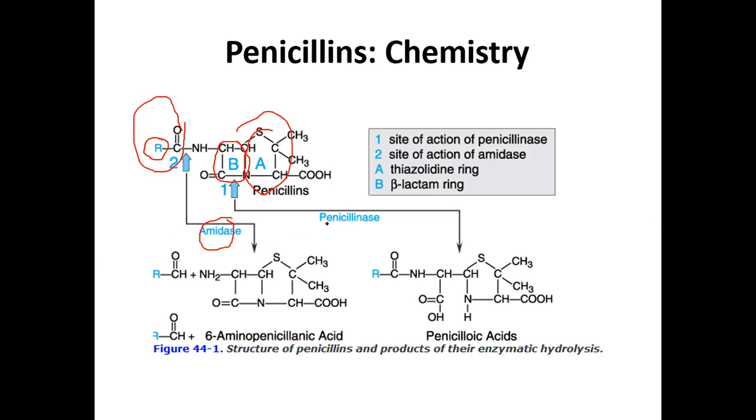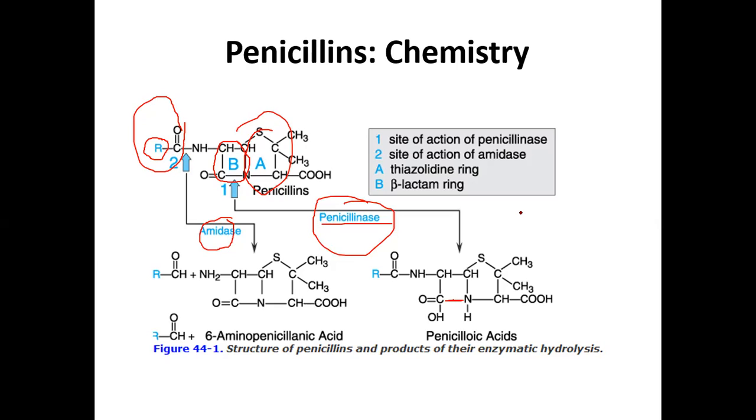And then we have the enzyme penicillinase, which breaks down the beta-lactam ring, this ring, and therefore renders the penicillin ineffective. So this enzyme is critical. And this is the chemistry of the penicillins.